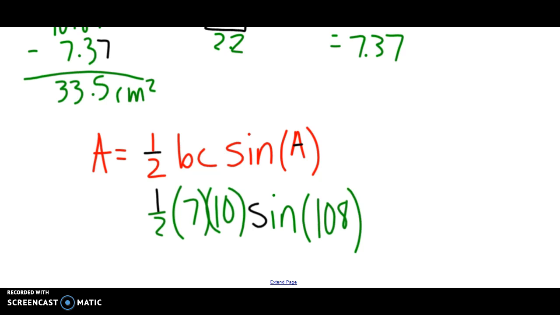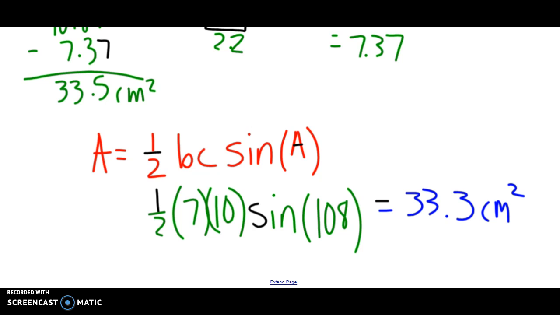Notice this is taking exactly the numbers they give us. When I go to my calculator, 1/2 times 7 times 10 times sine of 108, I find it to be 33.3, rounding to the nearest tenth, centimeters squared.